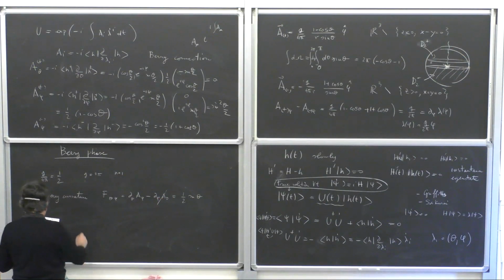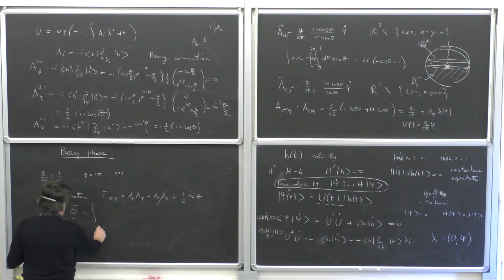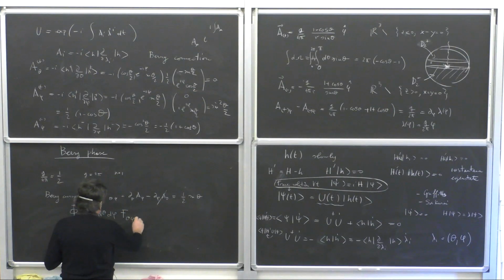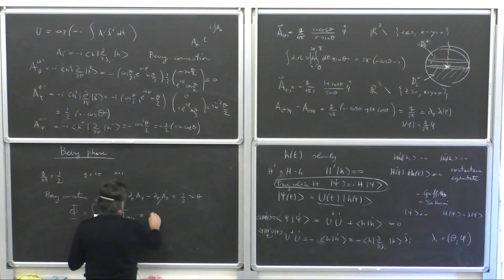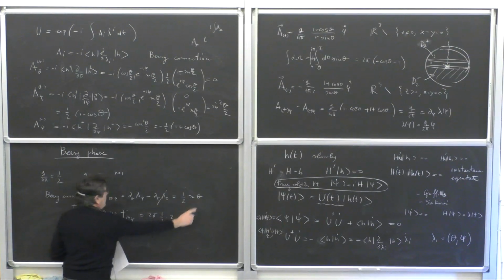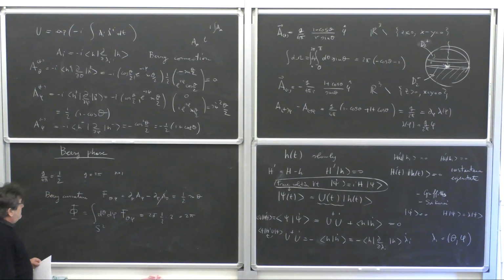Okay, and the integral over S2 of d theta d phi of f theta phi is 2 pi: 1/2 times 2 is 2 pi. You see, this is a volume form, 2 pi. Okay? So it's like a monopole.